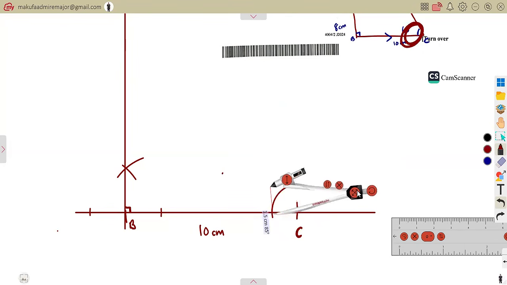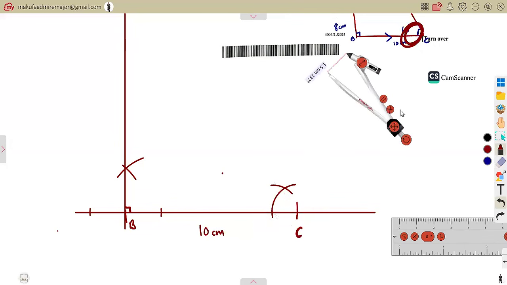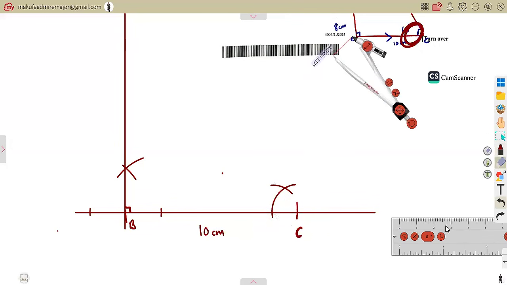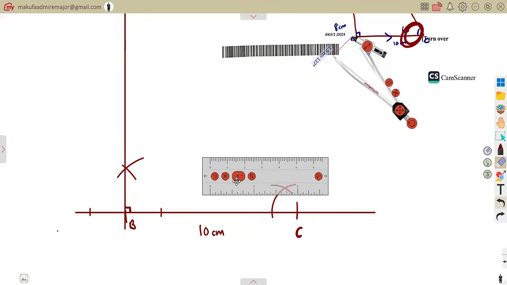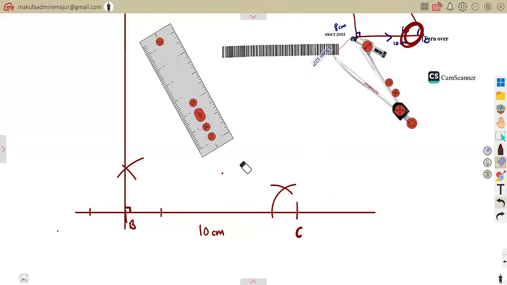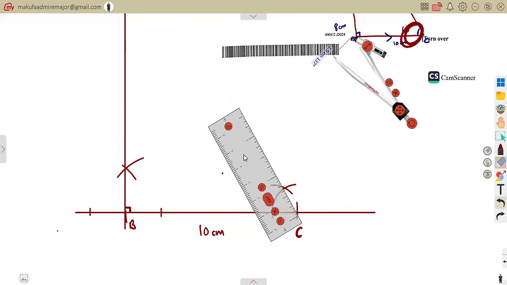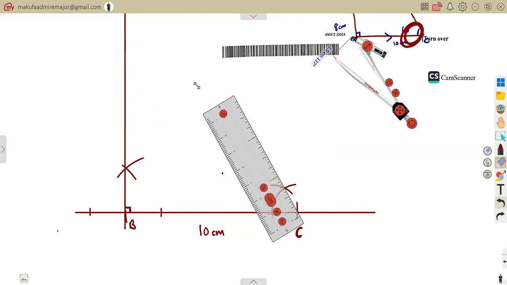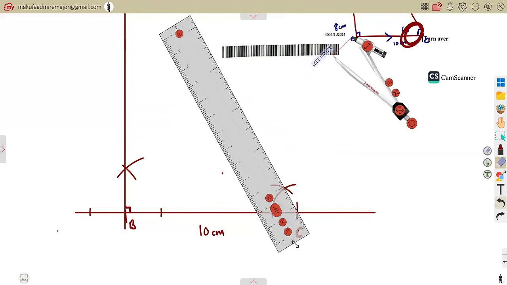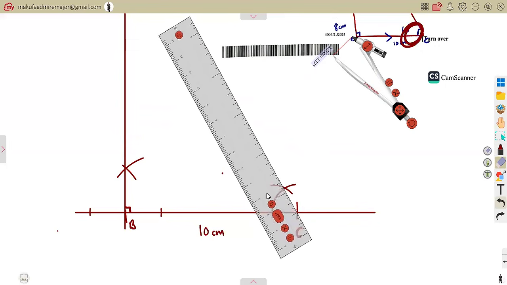Without changing this length, on this other part you point here and construct back this arc like this. These two arcs meet at this point. Where these two arcs meet is where you are going to focus. By joining this, you are constructing an angle of 60 degrees and an angle of 120 degrees on the other side.